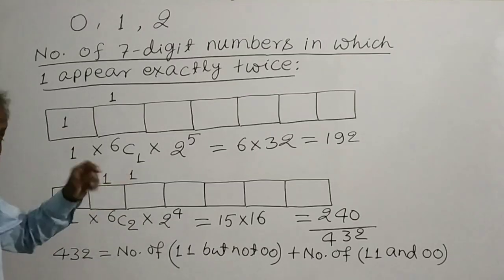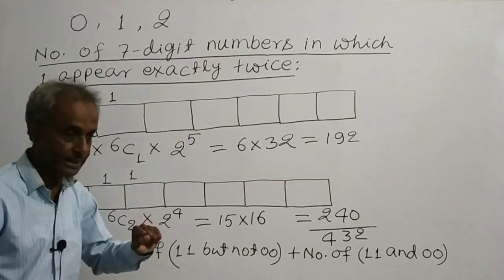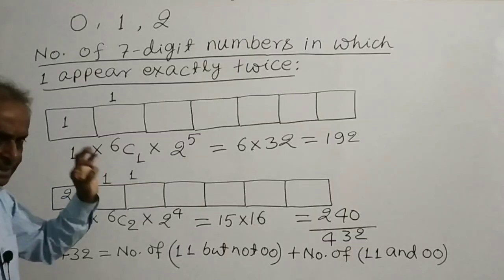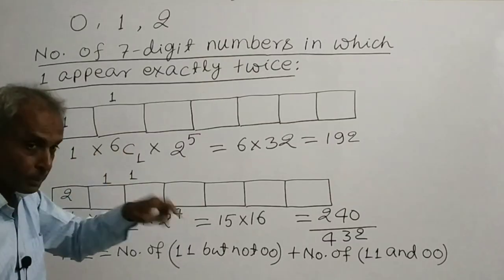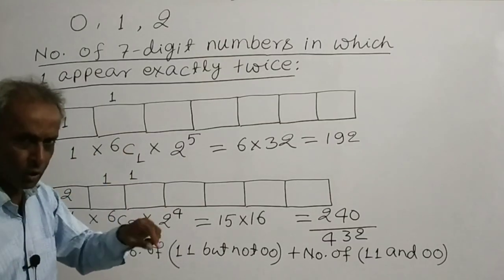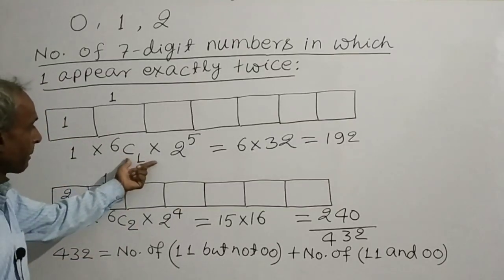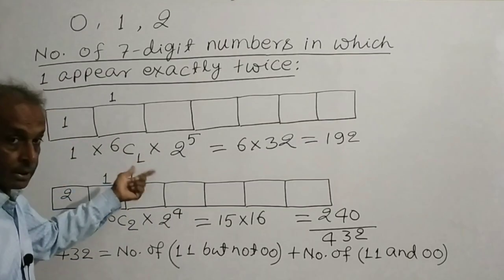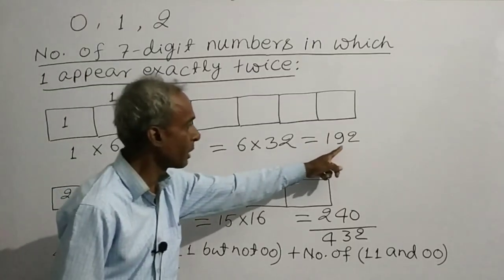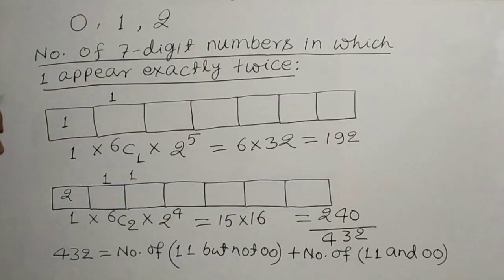Now there will be 5 vacant places left. Each place can be filled in 2 ways, either by 0 or by 2. Therefore, the number of such numbers will be equal to 192.